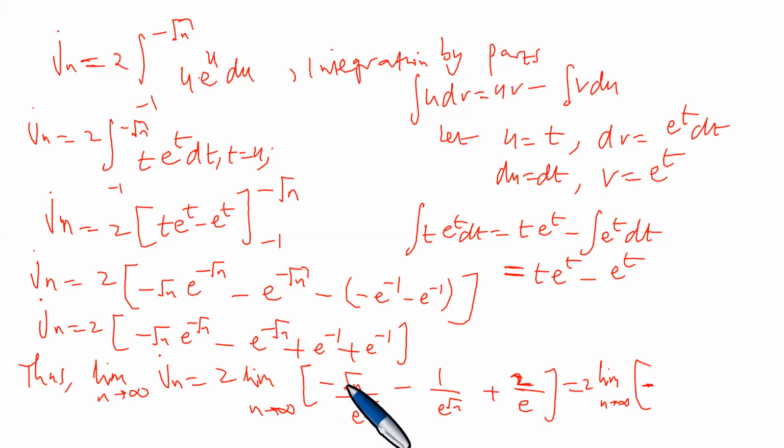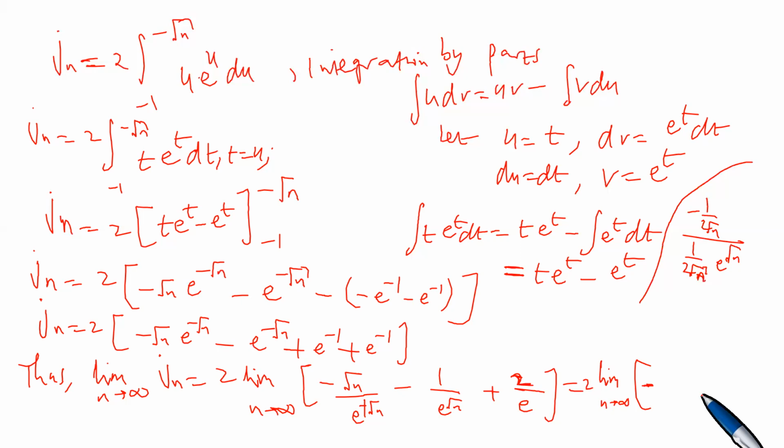The derivative of this one is 1 over 2 square root, and the derivative of this one is 1 over 2 square root. So what is happening here? Can you simplify this? The top would be 1 over 2 square root, and the bottom is going to be 1 over 2 square root, e to the square root, like this.